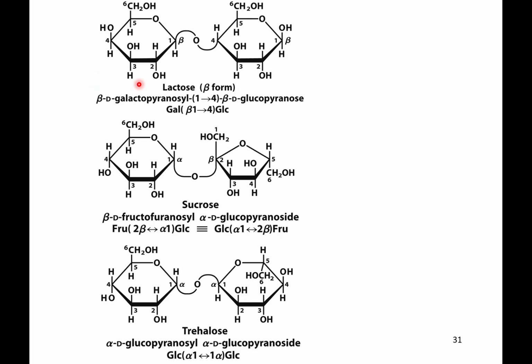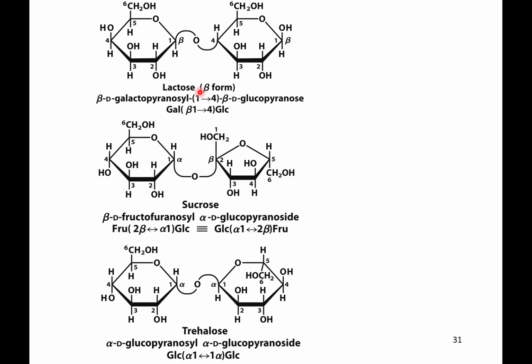Lactose is a disaccharide between galactose and glucose. Galactose is in the beta anomer form, so the OH group would normally be up, on the same side as the CH2OH, and it's forming a glycosidic bond between carbon 1 in galactose and carbon 4 in glucose.